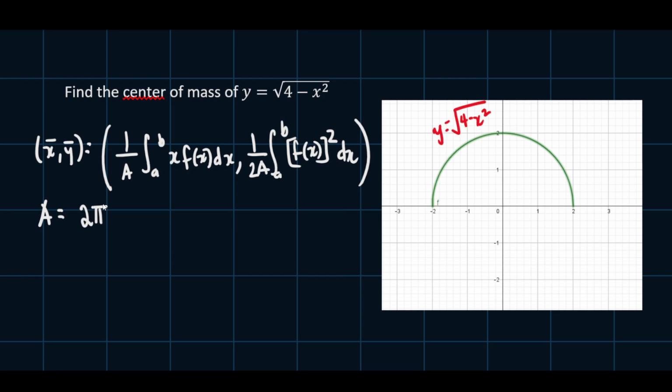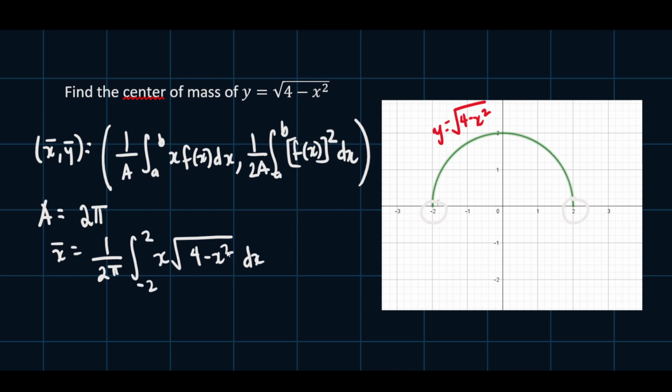Okay? And then we can use these formulas. For the x-coordinate of our center, we can think of this as 1 over the area times the definite integral, where the bounds of integration would be from here to here, so from negative 2 to 2, of x square root of 4 minus x squared dx. We can use integration by substitution here, u equal to 4 minus x squared.